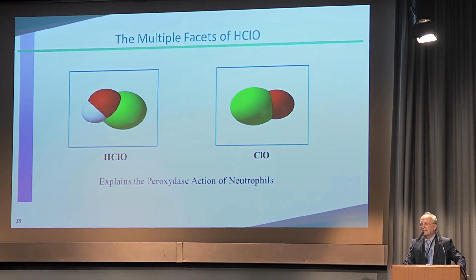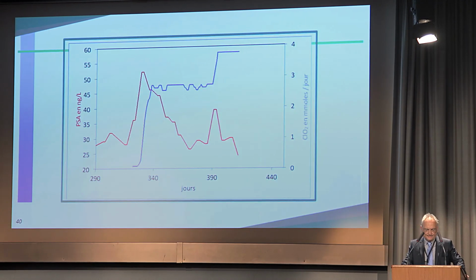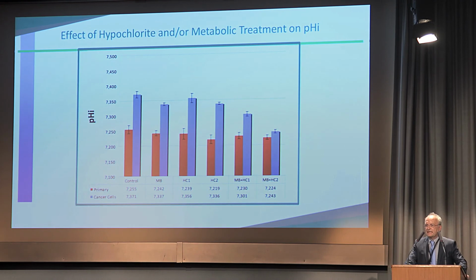The way we understand it, or we think we understand it, is that when it gets into the cell, it's a weak acid, whose pKa is 7.5. In the alkaline environment of a cancer cell, it's activated and gives you chlorine dioxide. I'm sorry for the English. And it destroys the cells.